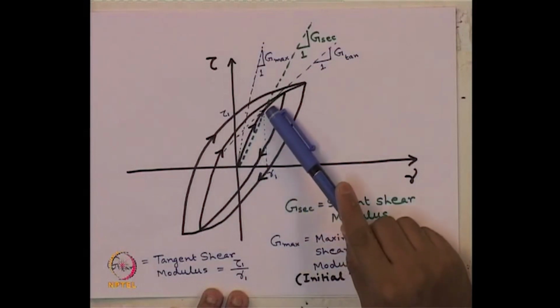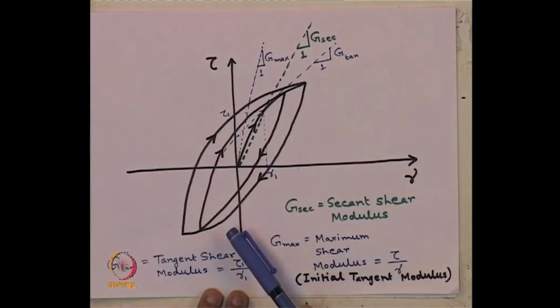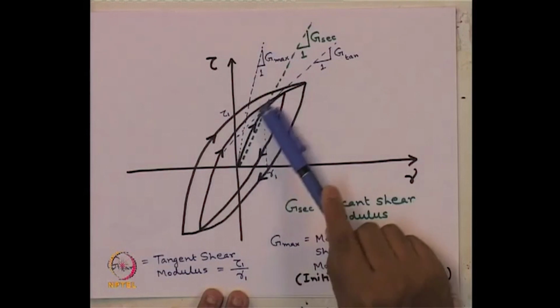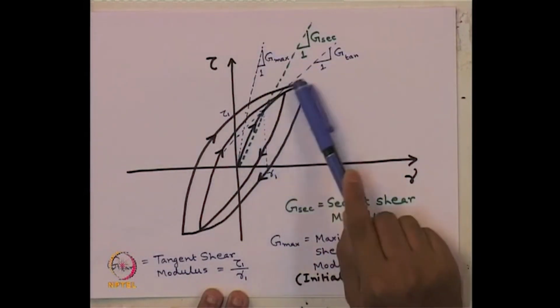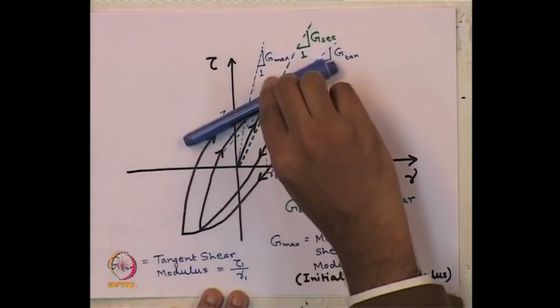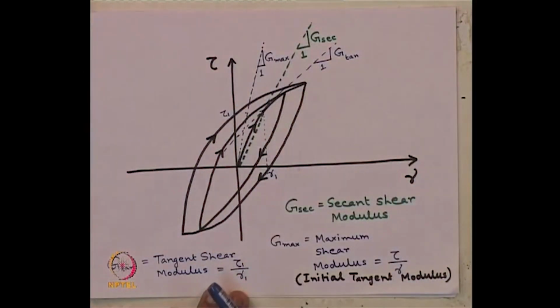If we keep on going to higher values of strain, the slope of this line, that is the tangent at any point on this curve, will keep becoming flatter and flatter, because soil obviously will go from elastic range to plastic range.